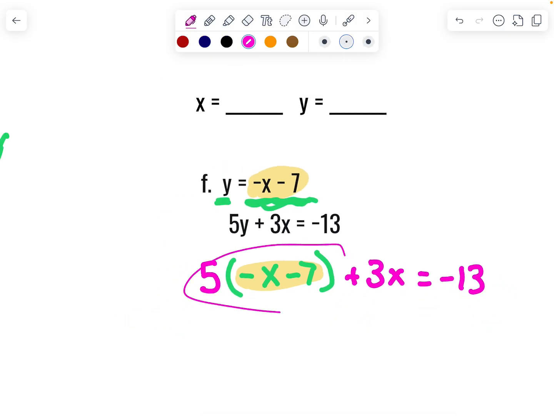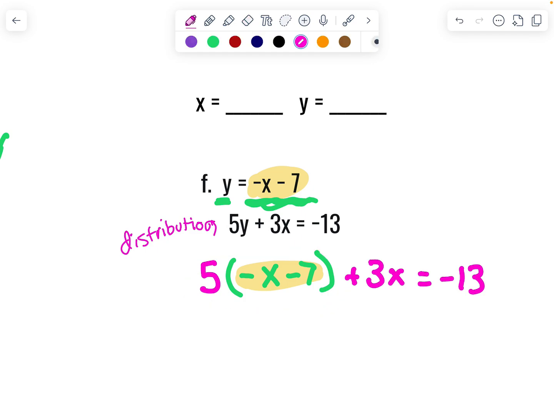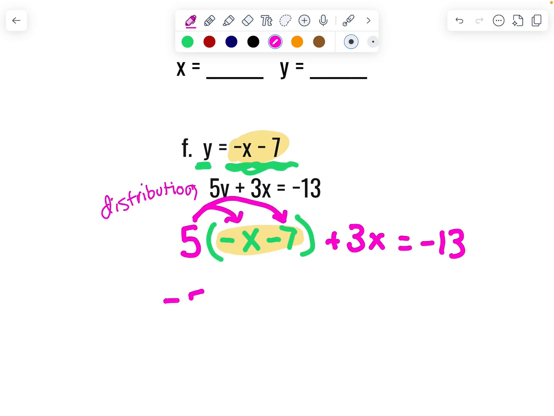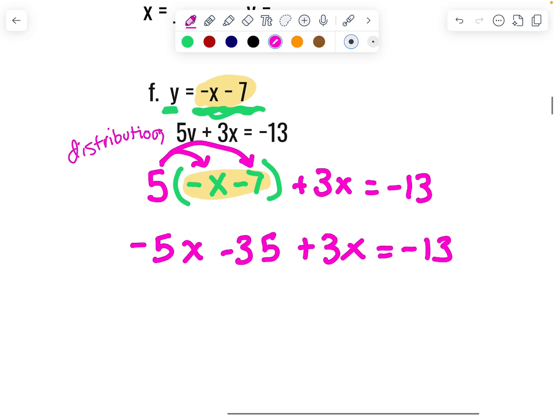And then right here, this is distribution. We need to distribute the 5 to both the negative x and the negative 7. So this is going to be negative 5x minus 35, and then plus 3x equals negative 13.